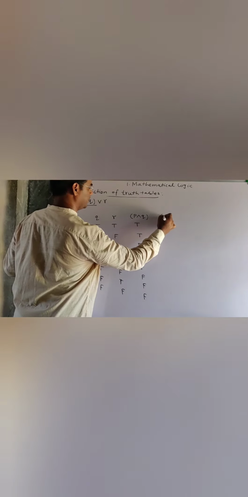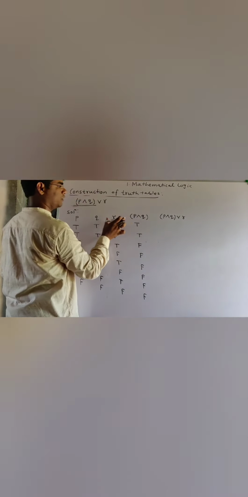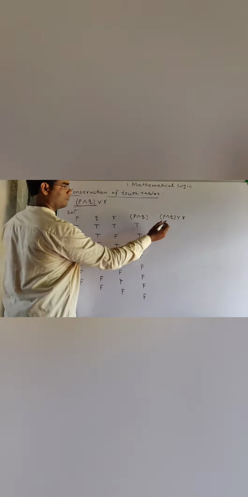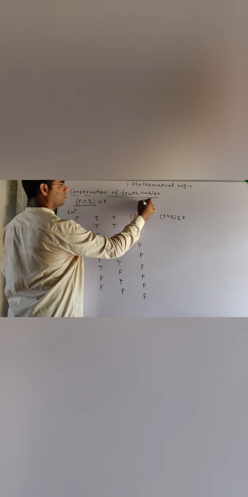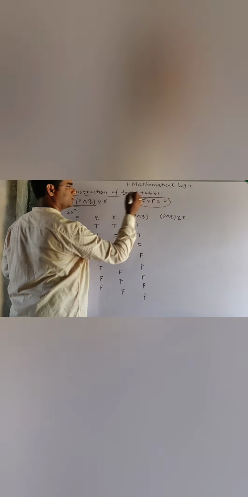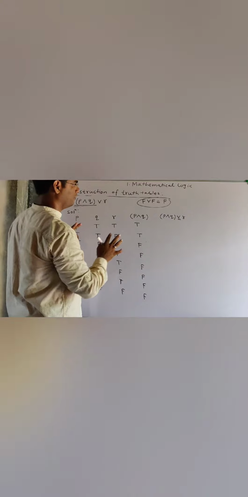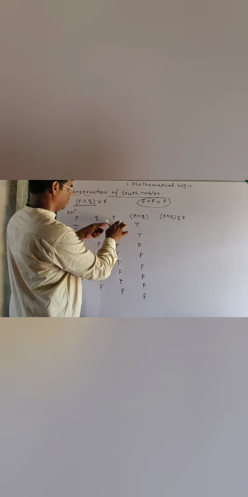Now we have to find P and Q or R. So let us connect P and Q with the statement R, and here the connective is or. The rule for or is: if both the statements are false, then only the resultant statement will be false, otherwise true. So check where we have two false entries in the P and Q column and the R column.